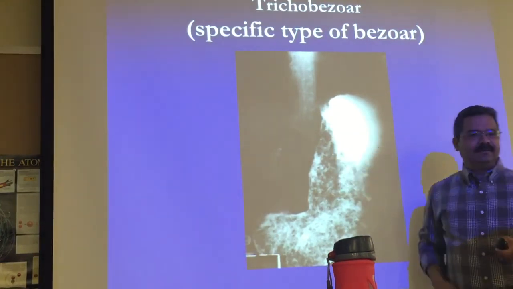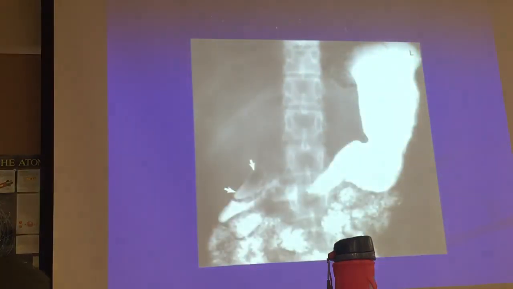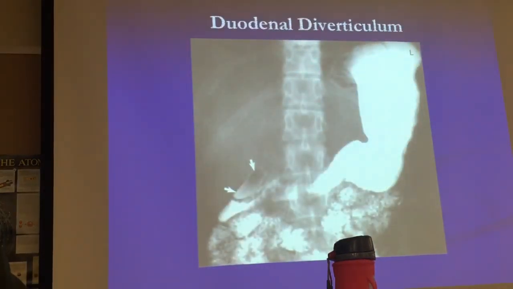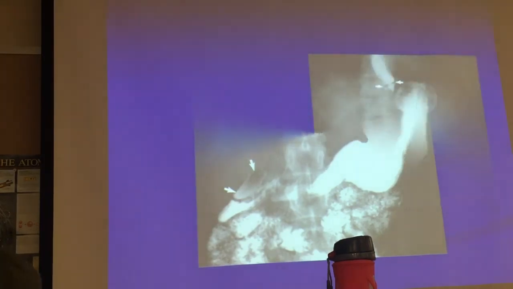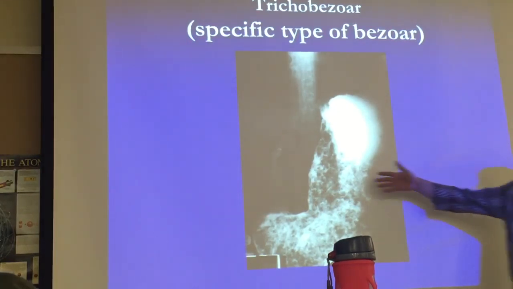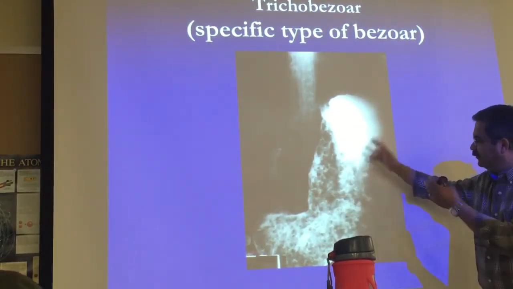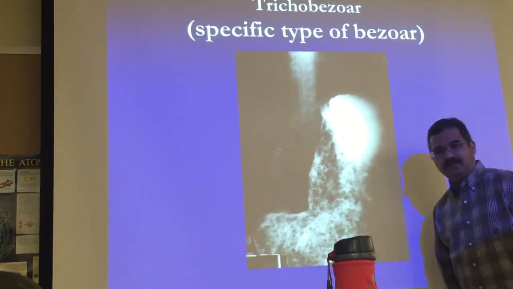What is a bezoar? Well, you look it up at home. A collection of hair, can be a collection of hair and other stuff. In this case, let me go back. Where is it? It is just the lining has been damaged. It's just so damaged, for different reasons.